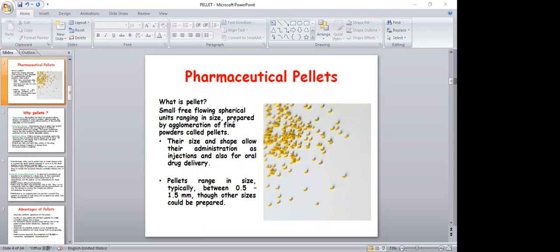Their size and shape allow their administration as an injection and also for oral drug delivery systems. Generally, the pellet size range is between 0.5 to 1.5 mm.